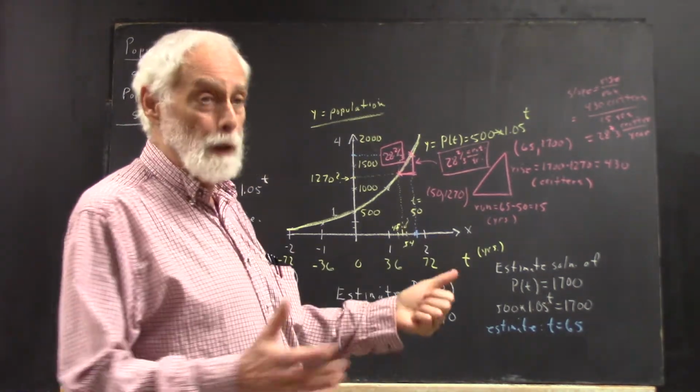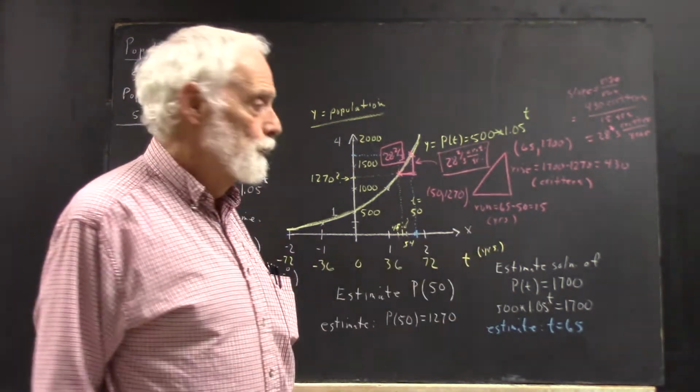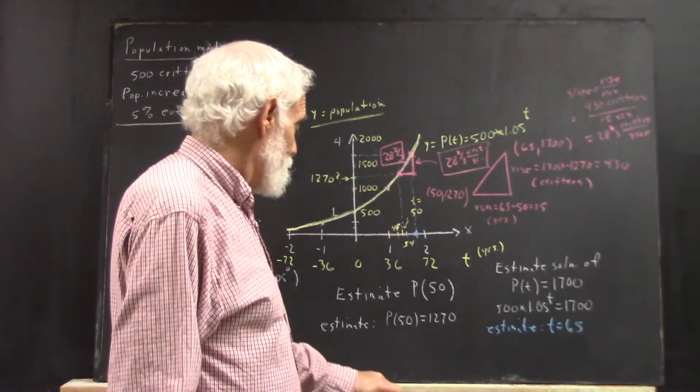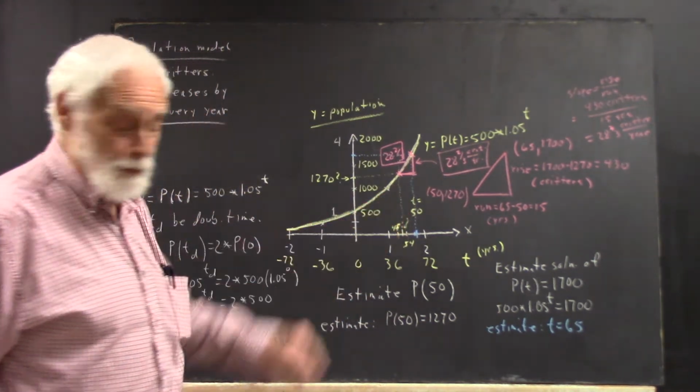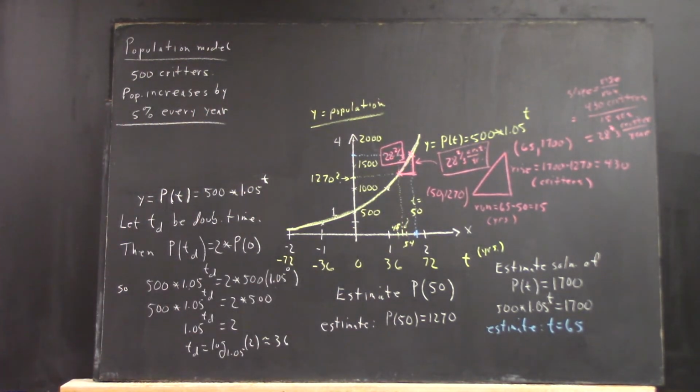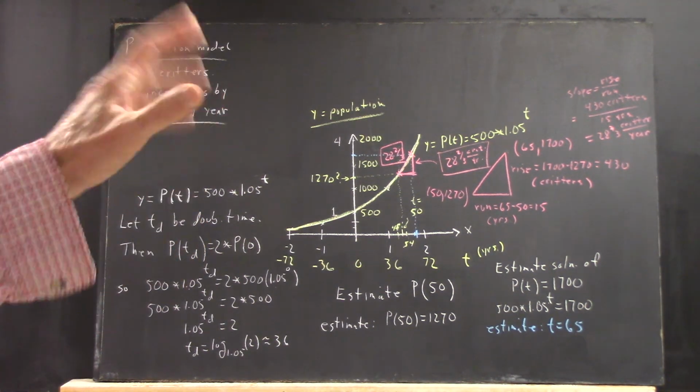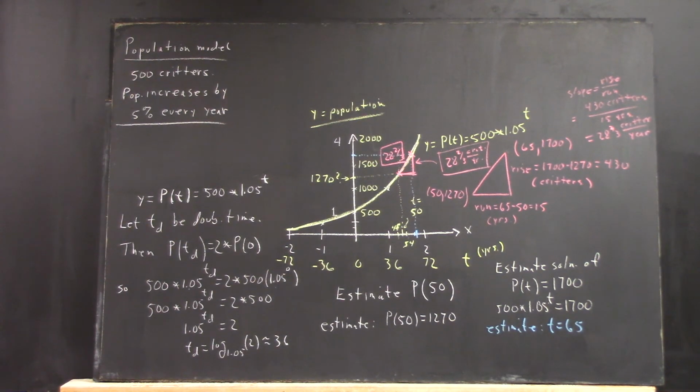If it's in millions of smaller critters, you interpret it accordingly. Okay, so there's an example of an exponential population model, and some interpretation, construction of, and interpretation of at least one aspect of its graph.